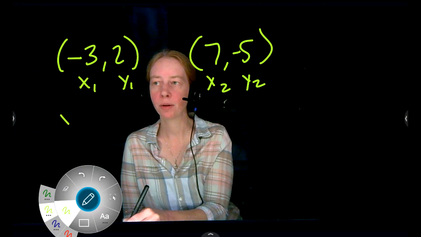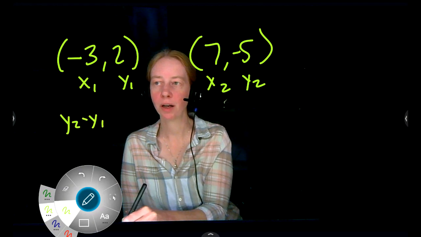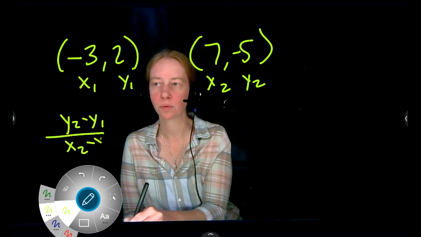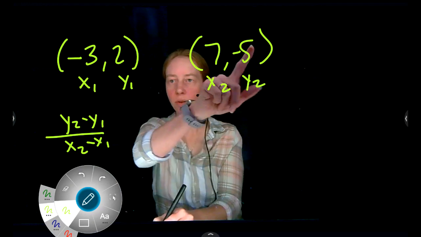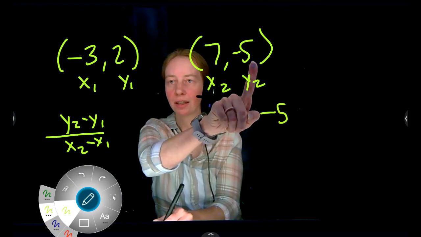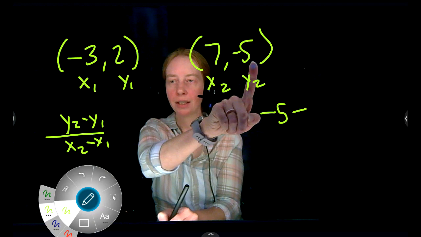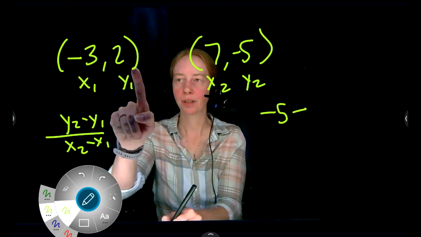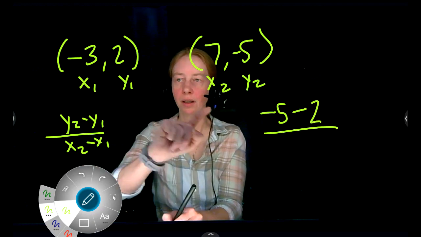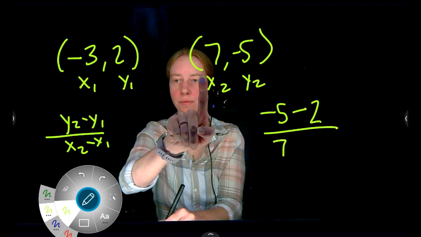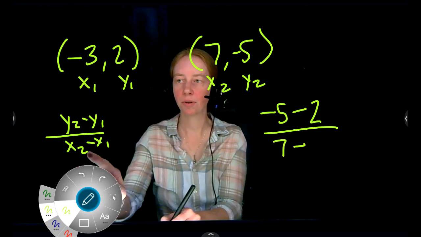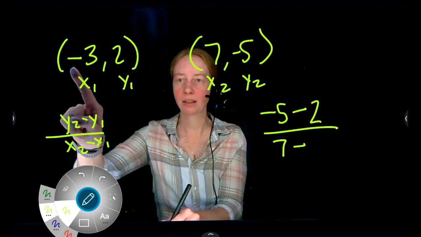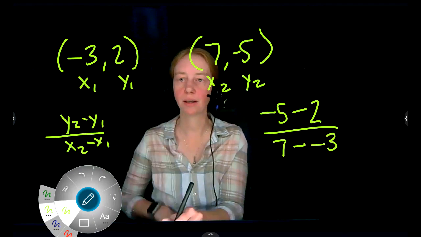And so remember, our formula is y2 minus y1 over x2 minus x1. So y2 is -5. I'm going to write it just like that. I'm going to write my minus sign because that's in the formula. And I'm going to write my 2. Okay, now I'm going to write my x2 minus, because that's the formula. And then I'm going to write my x1, which is -3.